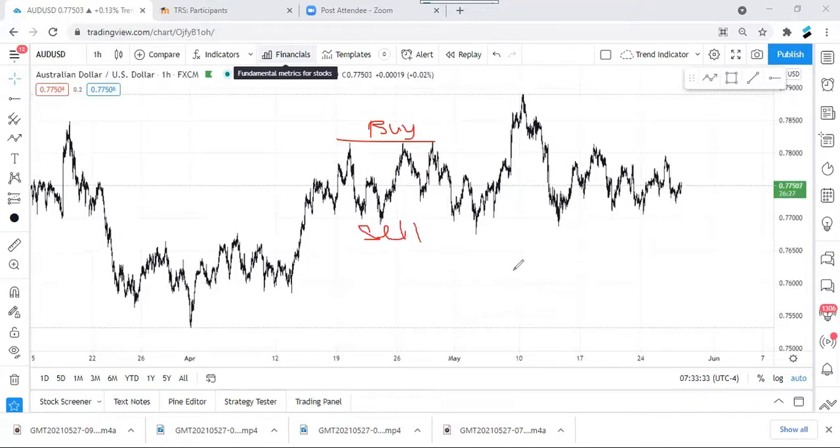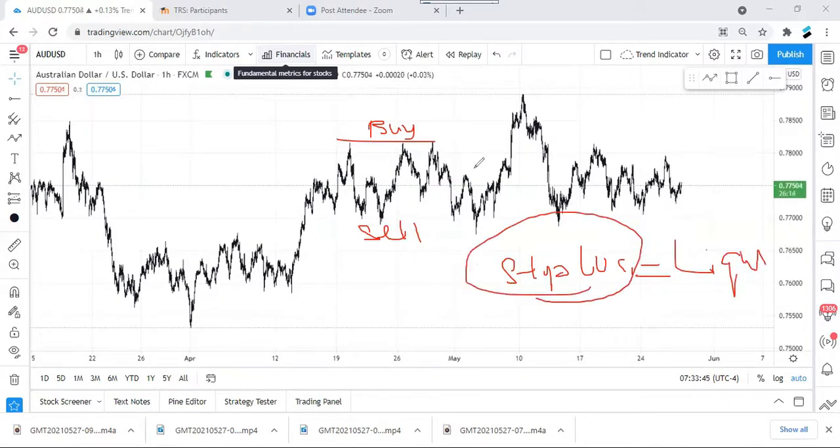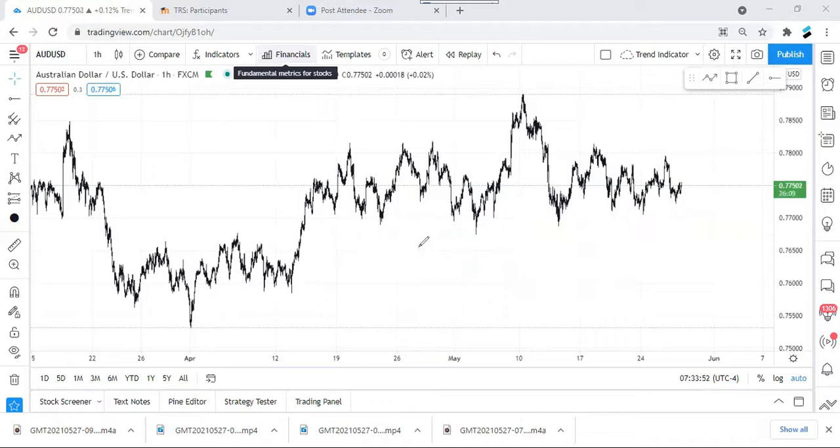We also know that stop loss is equivalent to liquidity. Stop loss means liquidity. So when we say the bank is doing stop hunting, we want to be specific: is the bank doing stop hunting on the sell side liquidity or on the buy side liquidity? Which one? Buy side.